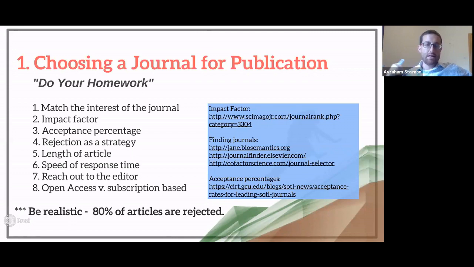What makes sense? Now, an even more basic criteria, which I guess is a starting point, is the length of the article. And this is really important for authors who write in English, as well as authors who don't write in English. When we sit down to write an article, we need to know what the boundaries are.